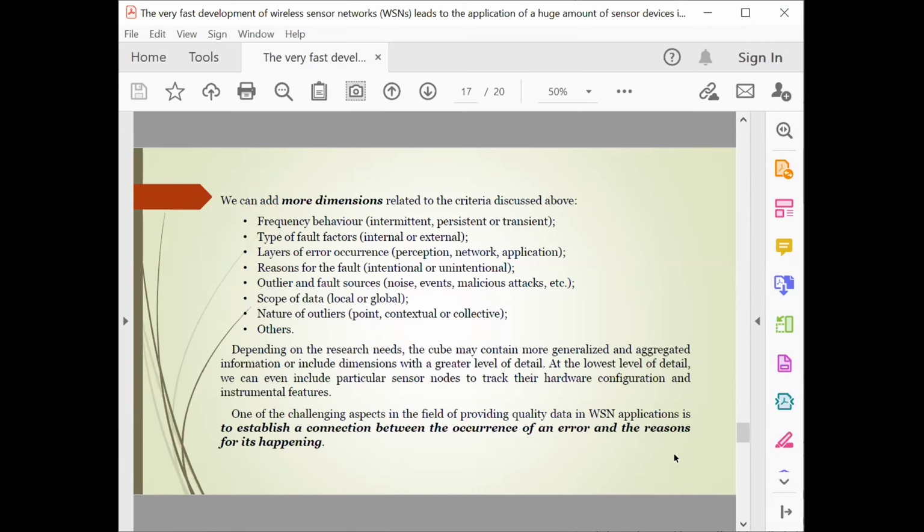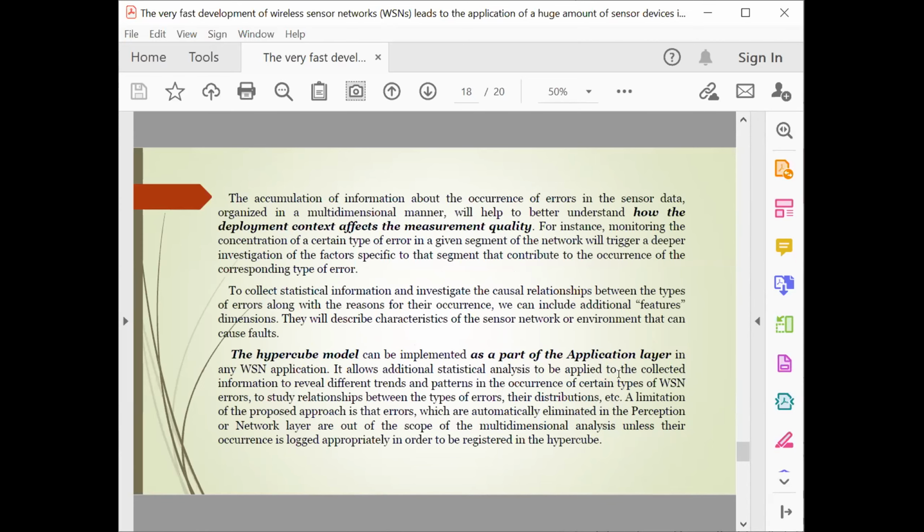So the most important factor here is to establish a real connection between the occurrence of errors and the reason for its happening. The accumulation of information about the occurrence of errors in sensor data will help to better understand how deployment context affects the measurement quality.